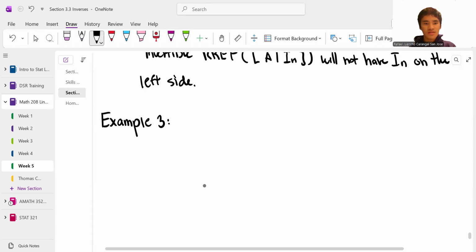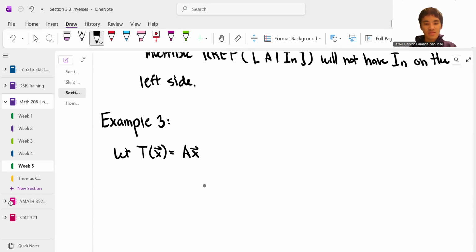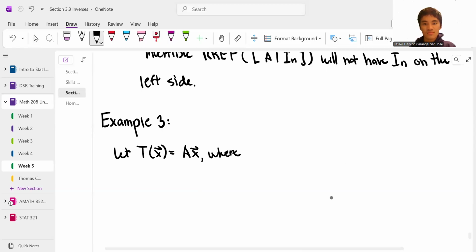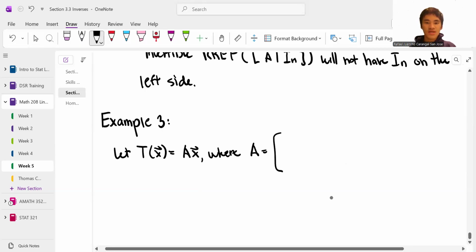So here we're going to let T of x be Ax. So this means that T is a linear transformation where A, so if we know what matrix A is, then we know what the linear transformation is, or at least the function of it.